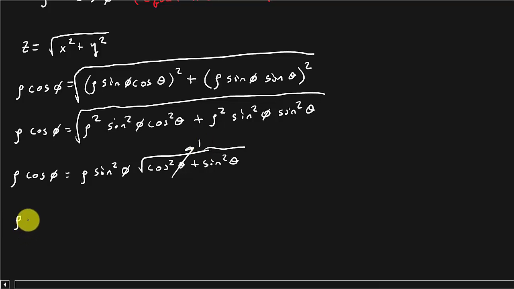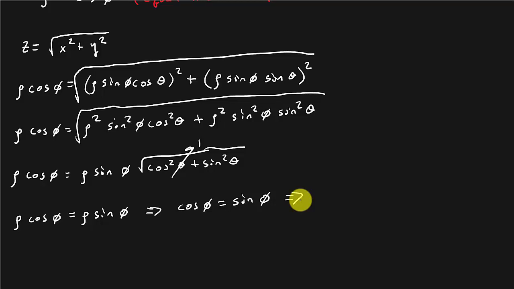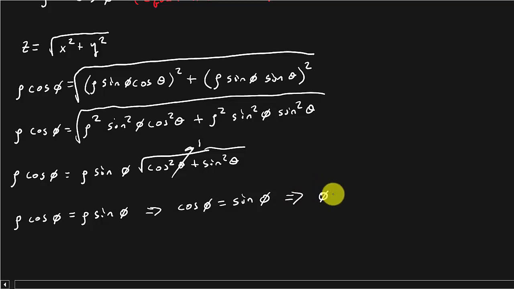So I get rho cosine phi is equal to rho sine phi. So this tells me that cosine phi is equal to sine phi. And where are they equal? Remember, phi is between 0 and pi. Cosine and sine are not equal in the second quadrant. They're equal in the first quadrant. So this tells me phi is equal to pi over 4.